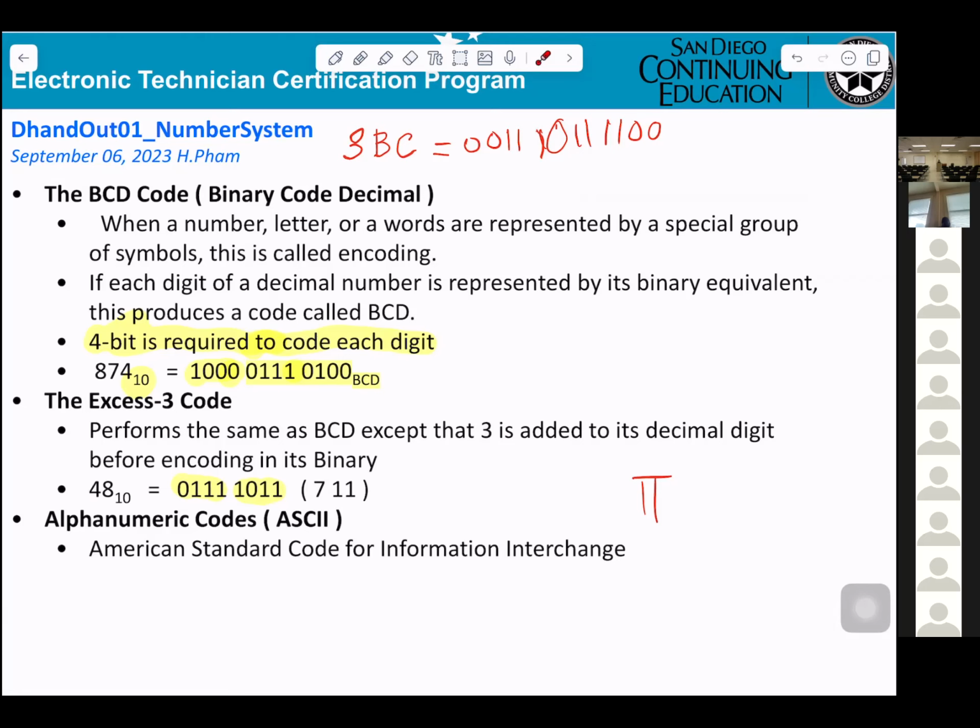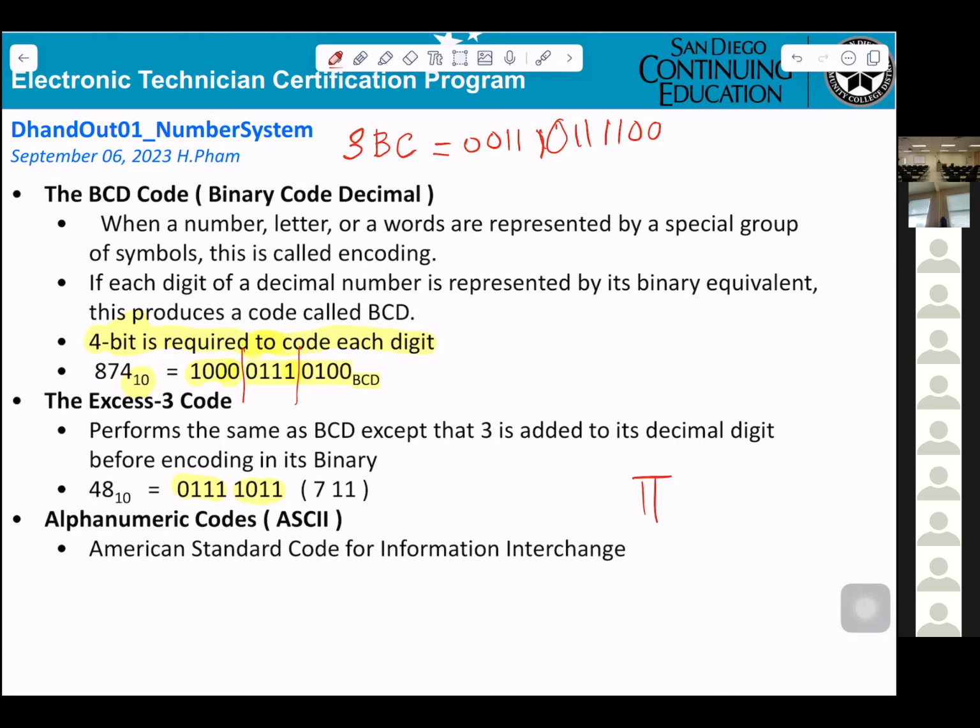First thing, you change number 8 to 1, 0, 0, 0. That's number 8. It has to be 4 bits. Then number 7 is 0, 1, 1, 1. And number 4 is 0, 1, 0, 0. That is BCD.